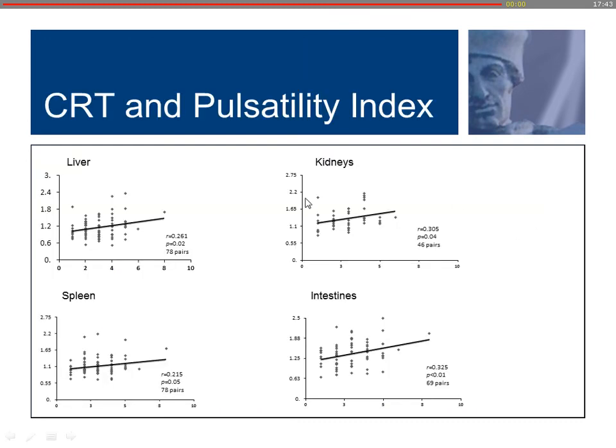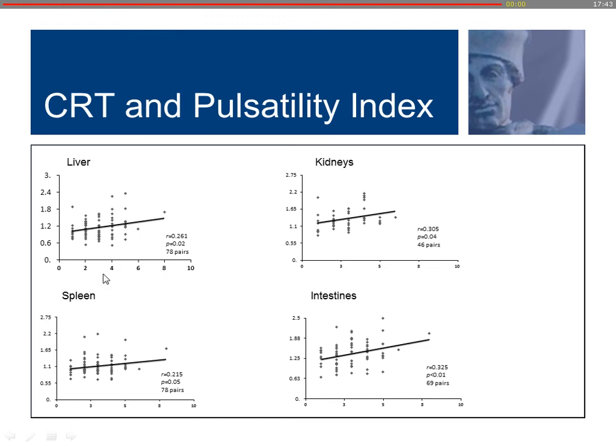And what you can see here on the x-axis is the capillary refill time in seconds. And remember, 5 seconds we used to assess normality and abnormality. And here is the resistance index on the y-axis, and you have to read it like the higher the resistance index, the lower the flow.